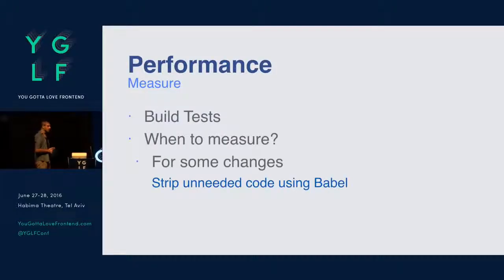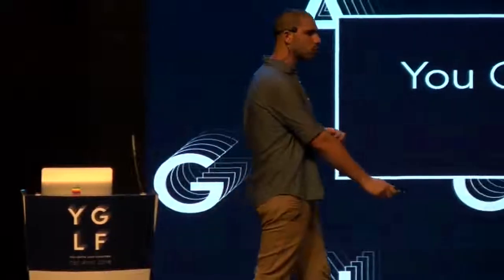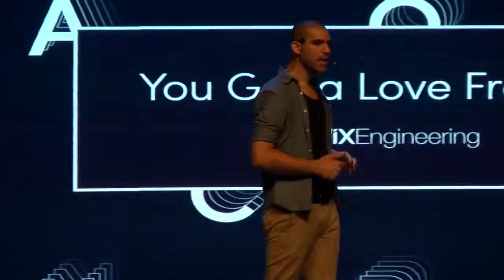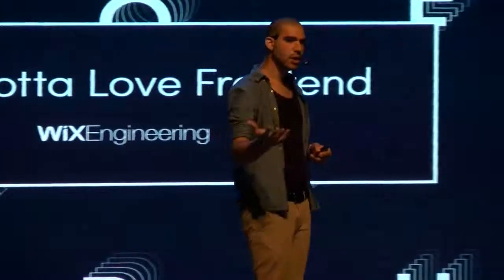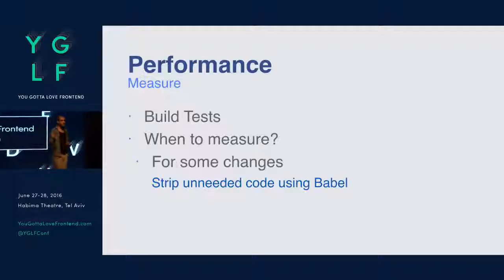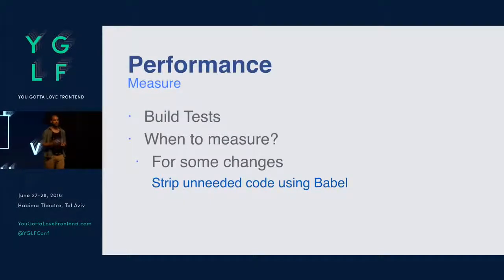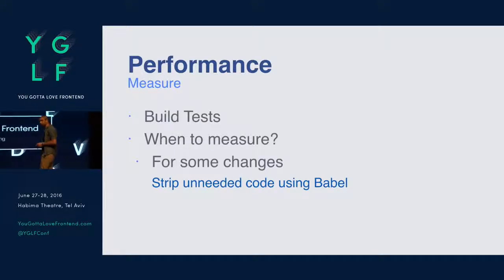One of them is for some changes, and I'll stop here to tell you a story. Some programming languages, like C++, have the ability to remove code that is not meant for production. For instance, debugging code, or code that is meant for other platforms than the one you're shipping to. JavaScript, on the other hand, doesn't have this.